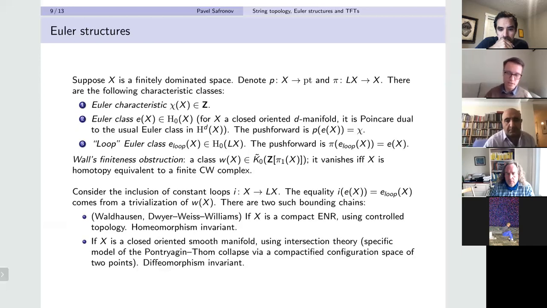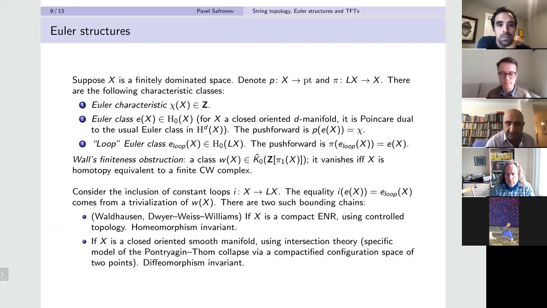And this trivialization is essentially the same as trivialization of Wall's finiteness obstruction. Is this loop Euler class in the zeroth equivariant homology or ordinary? Yes, it lifts to equivariant homology. It actually lifts all the way to A theory, if you like. There are a lot of compatibilities that I'm not writing.